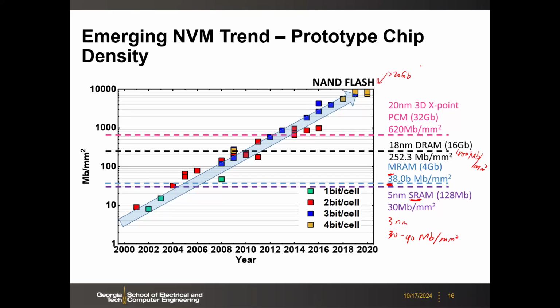Even the latest is like 30 gigabit per millimeter square. Okay. You can look at the density. That means, roughly speaking, the cost per bit, right? Within 1 millimeter square, how many bits you can pack, right? So any questions?